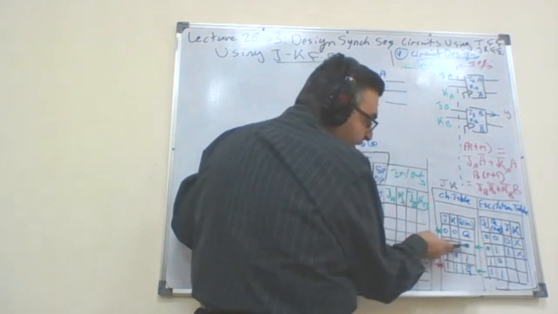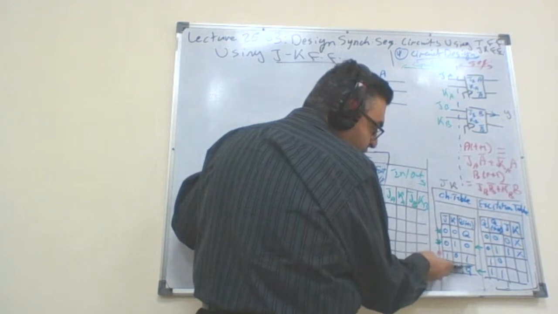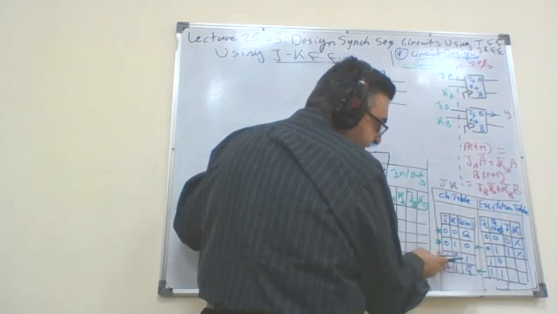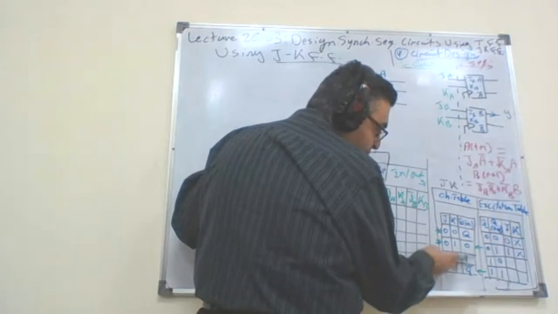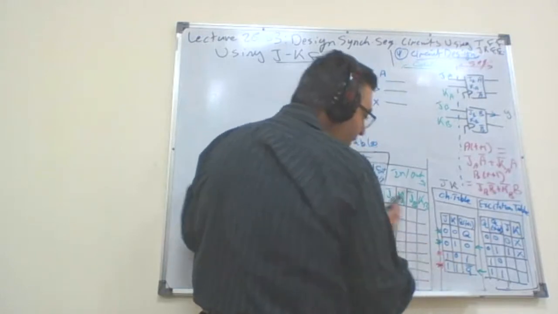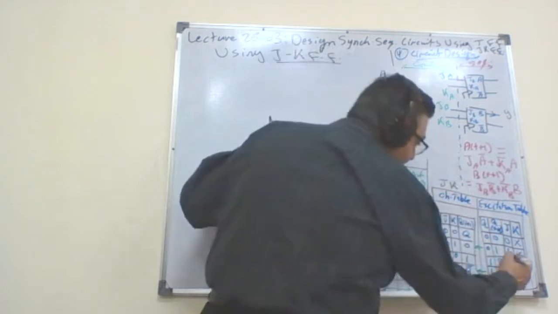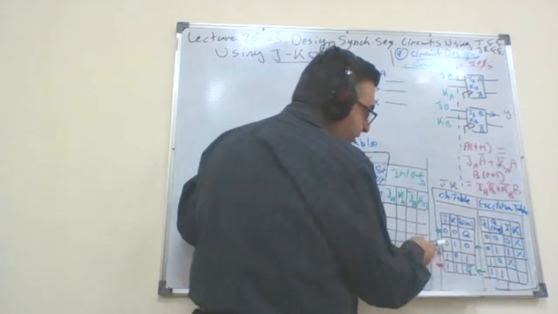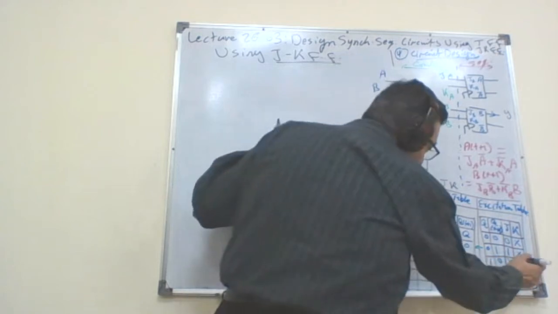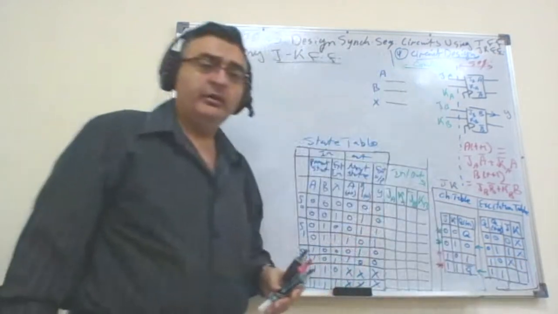So both the second and the fourth rows give me what I'm looking for. In those two cases, J could be either 0 or 1. J is X, don't care. K in those two cases should be 1.